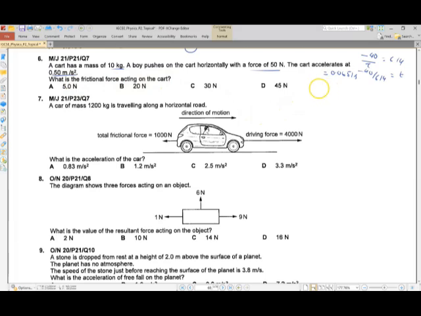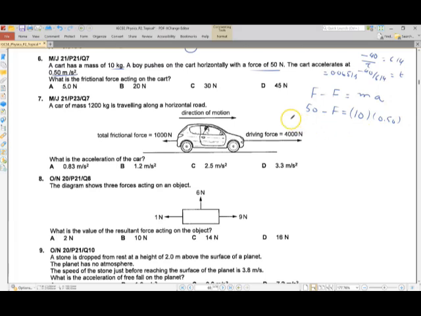Okay, now we know our formula, F minus F is equal to ma. So firstly, the force was 50. The frictional force we don't know. Mass we already know is 10. And acceleration has also been given to us in the form of 0.5.